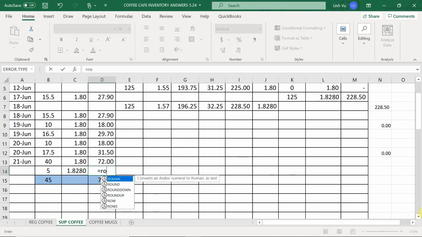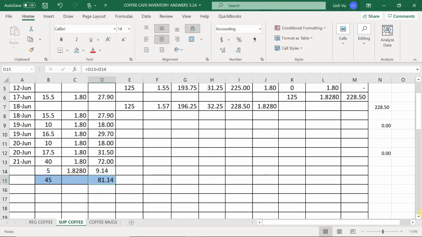So in this case, equal round 5 times 1.828, comma 2. How much is it going to cost me for 5 pounds? $9.14.